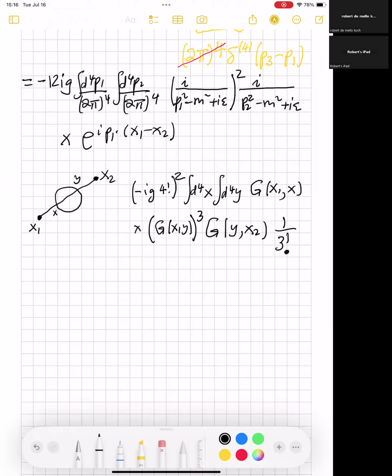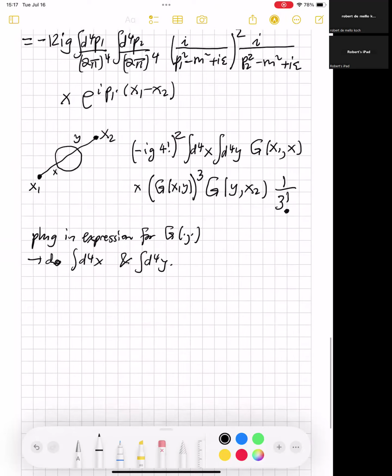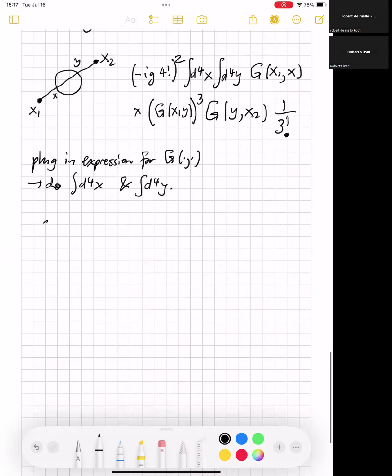Good. So now let me make a suggestion to you. You could plug in the expressions for G, okay? And then you could do the integral d4x and the integral d4y. What you should find in both cases is that all that you need to do these integrals is this formula.